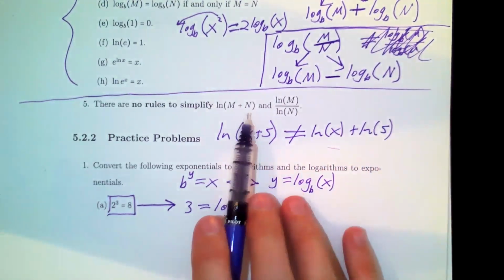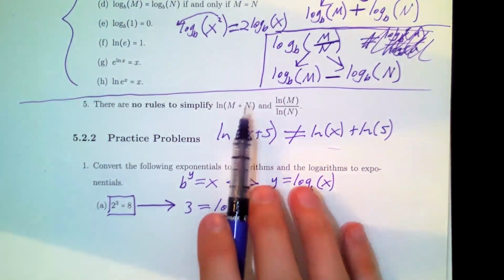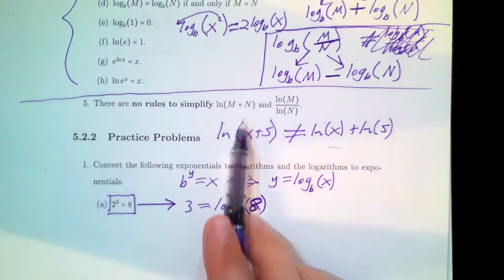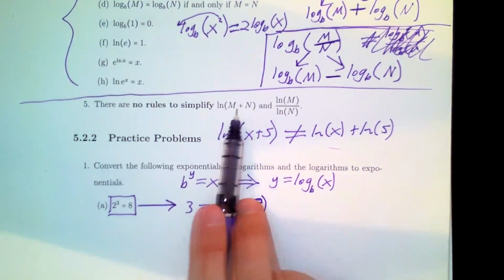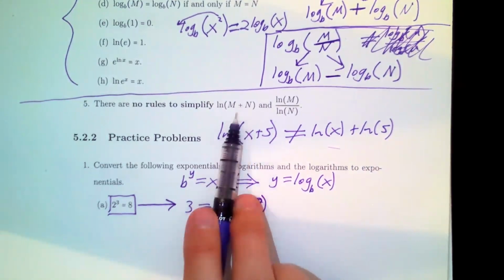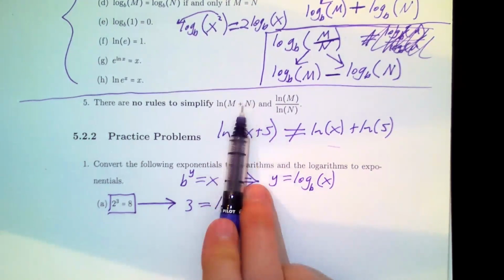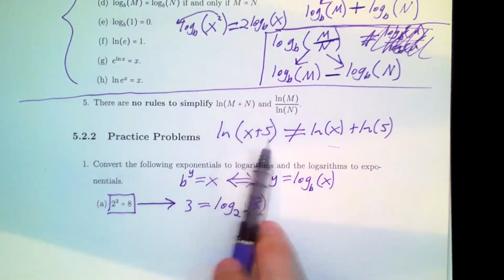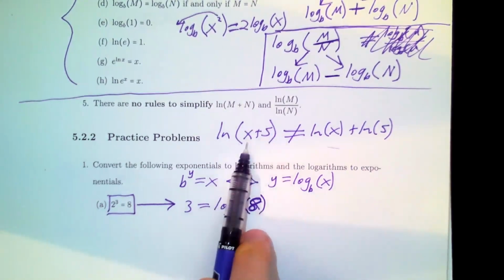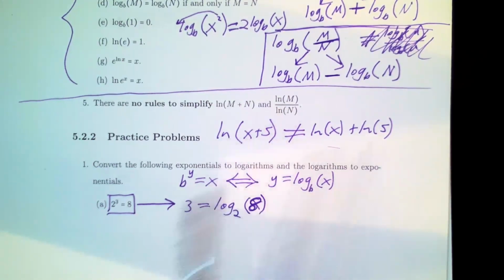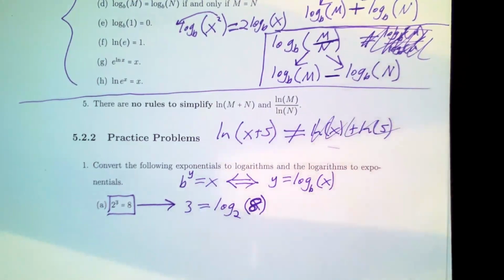If you have an addition or subtraction inside your log, you cannot split the log. That is immobile, inseparable, locked in forever. There's no splitting this into two different logs. If you have an addition or subtraction, there is nothing I can do to simplify that. You can't split this as log x plus log 5. Doesn't work that way. So don't do that.